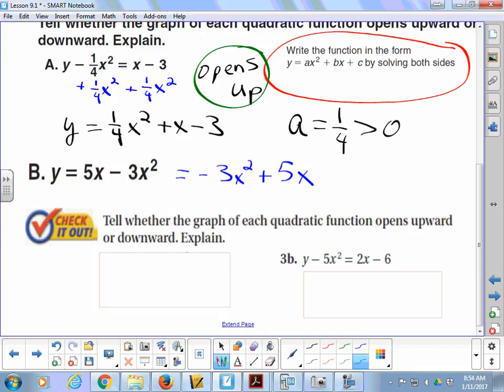Case, what's the number in front of x squared? Negative 3. So a is equal to negative 3. Is that less than or greater than 0? Okay, it's less than 0, it's negative, so this is going to open downward.